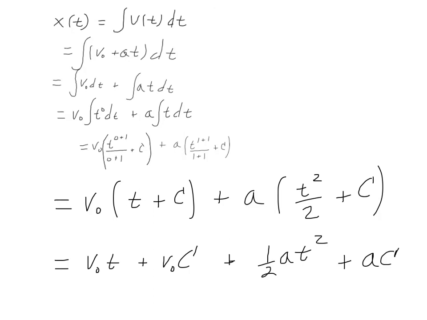And then I distribute v naught through the parentheses, and I distribute a through the parentheses, and notice this half gives me the familiar 1/2 at squared, and over here I have a v naught t. But I have these two terms, v naught c and ac, that are curious, and integral calculus does something truly funny with these.